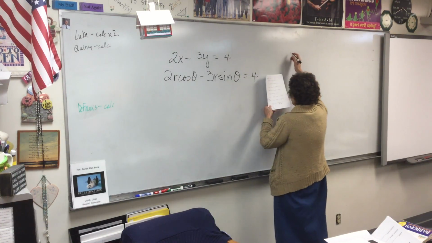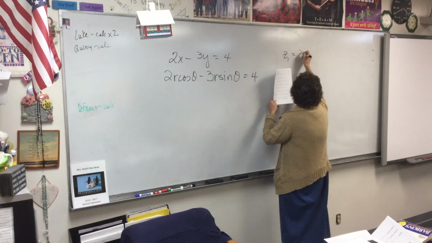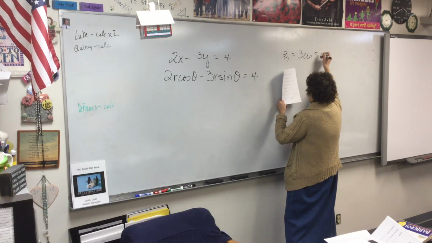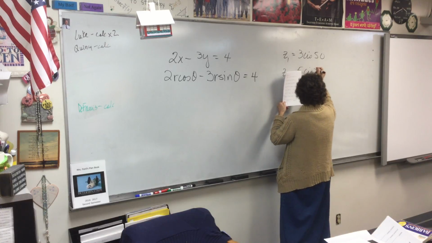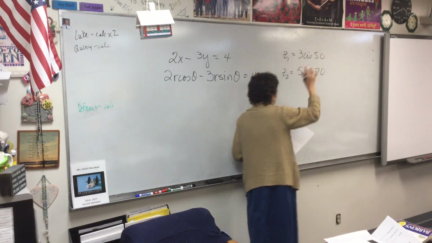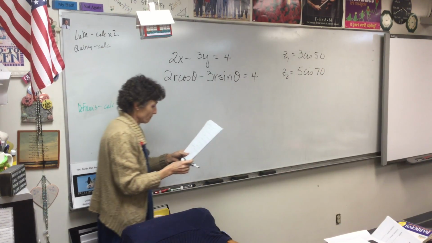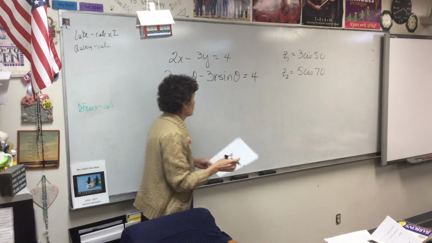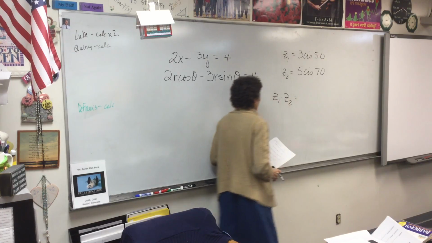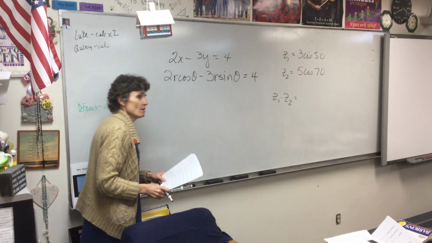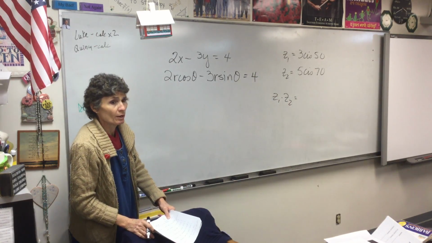Okay, and then number 8. You've got a couple of numbers in polar form or trigonometric form. And we're going to do some stuff to them. All right, how do you multiply them? What do we do?